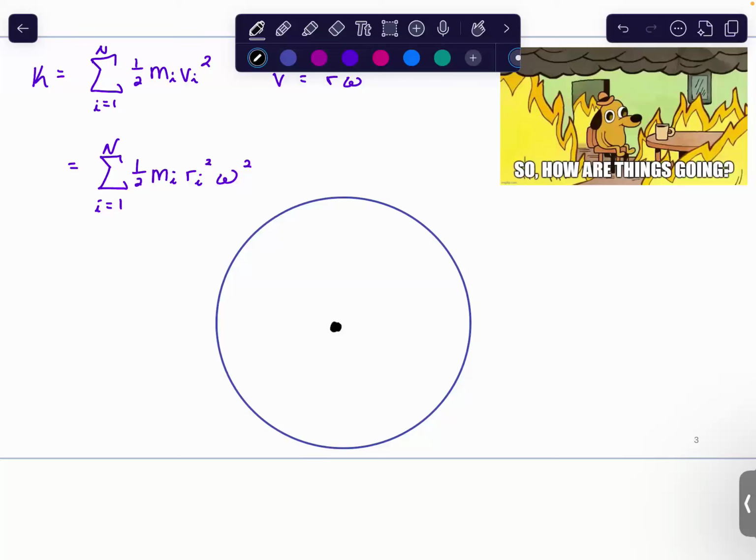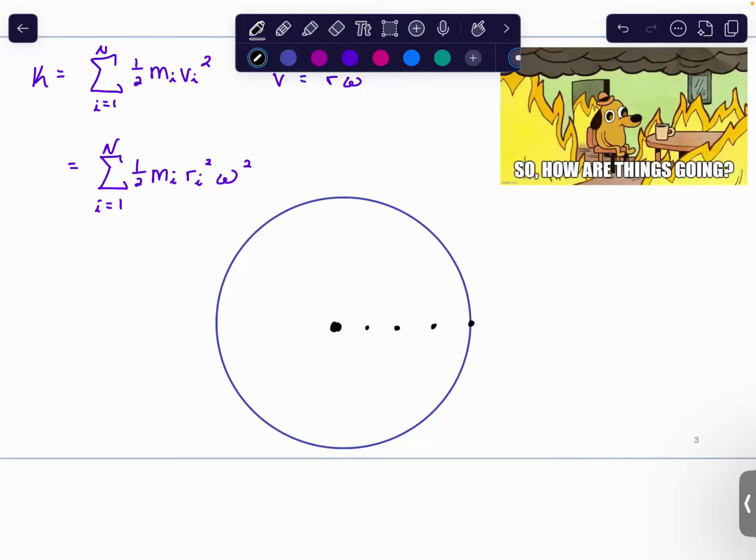Let's look at surface area elements at different radii along this rotating object. Put one there, there, there, and let's put one on the very edge.